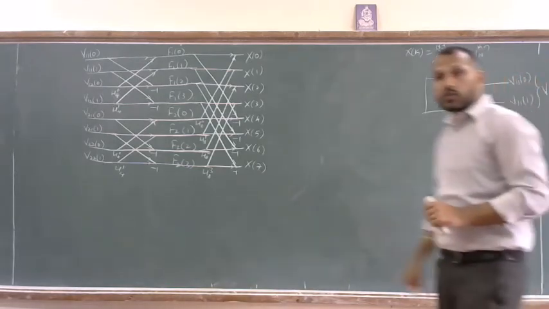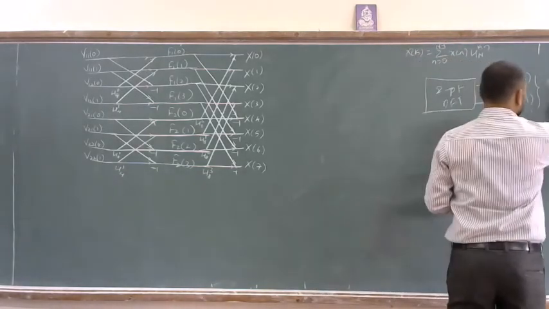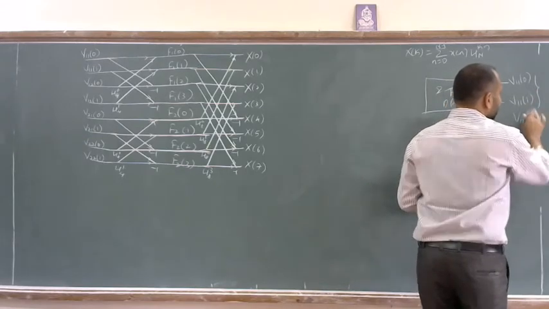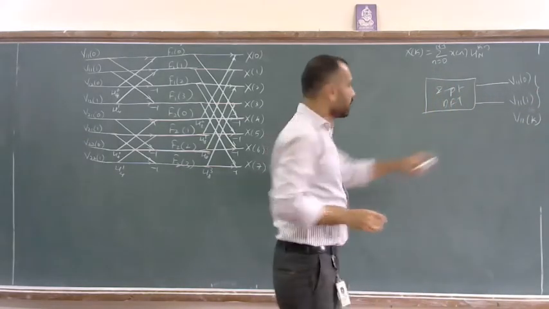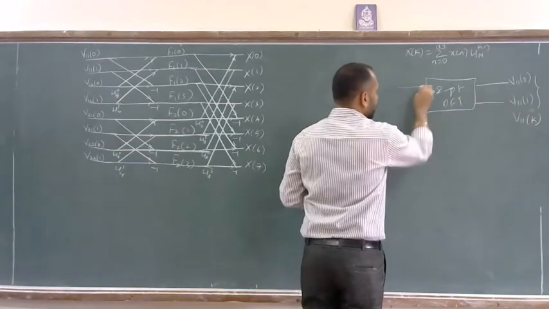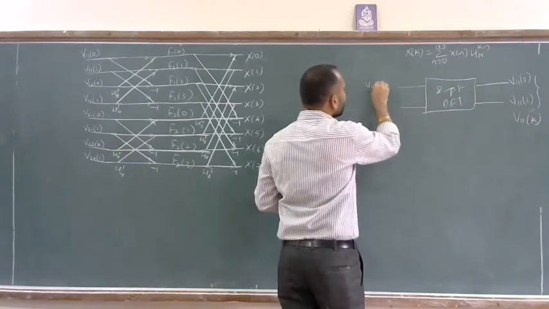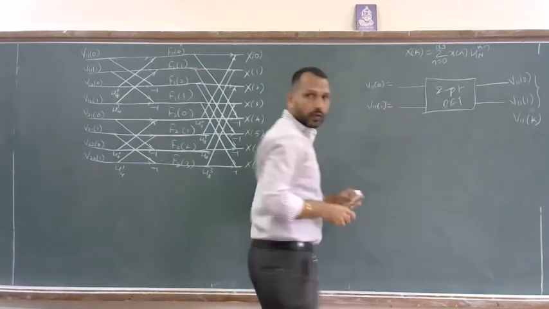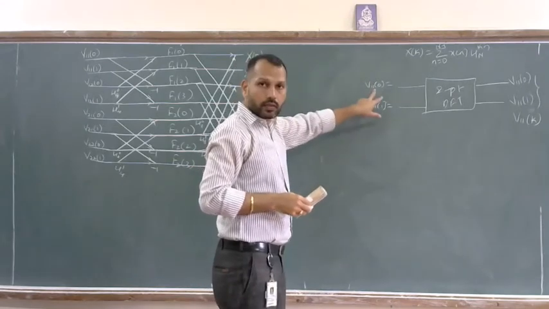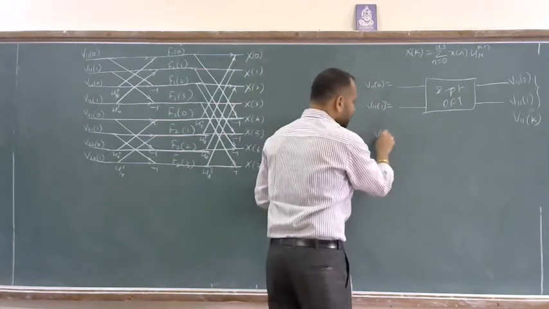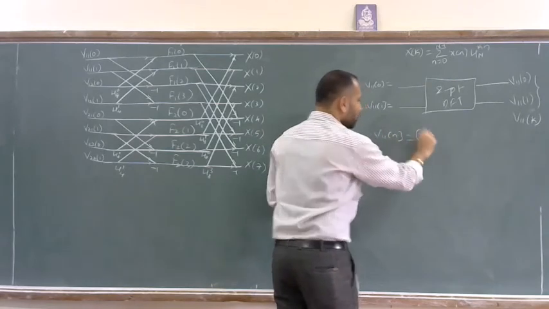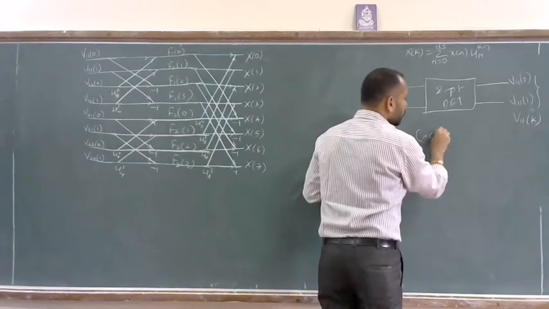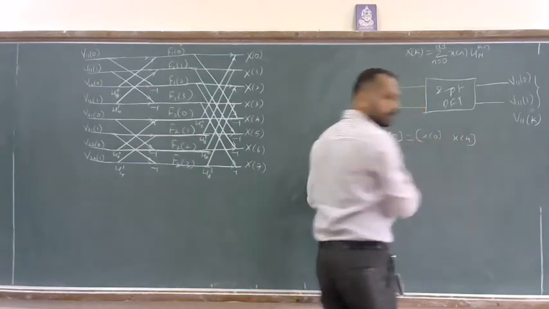Now, do not get confused between these notations. These two are V11 of k, uppercase V, capital V, which are the output, and the inputs are small v11 of 0 and v11 of 1. Now, what are these sequences? In the second stage of decimation, we had written that this V11 of n 2-point sequence had x of 0 and x of 4 in it.